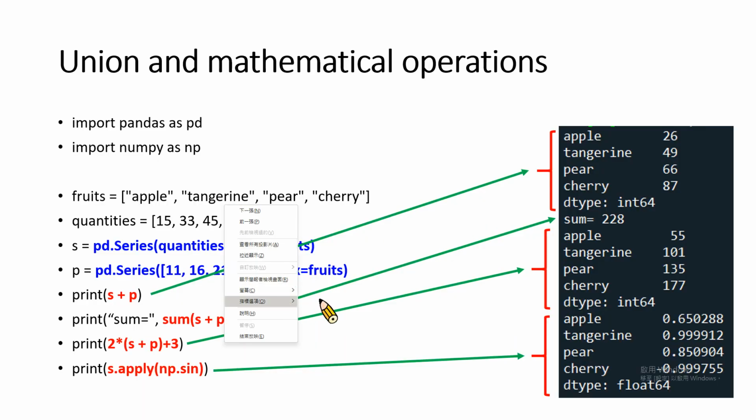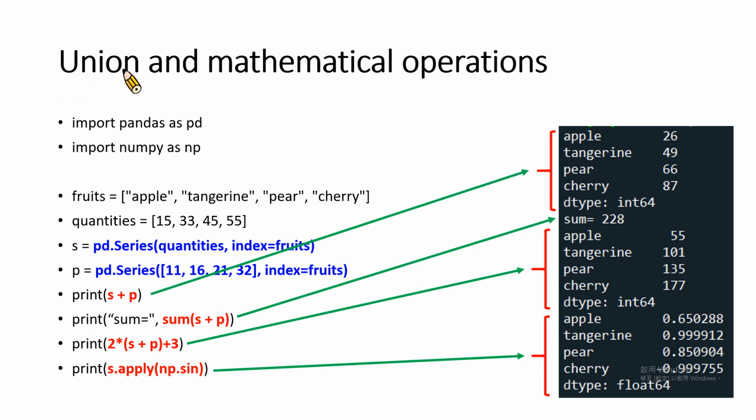And this is the example we usually use on a series. Suppose that we have S and P, two series.